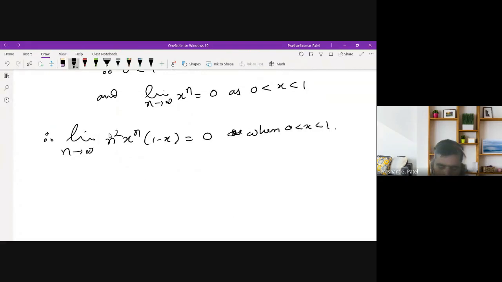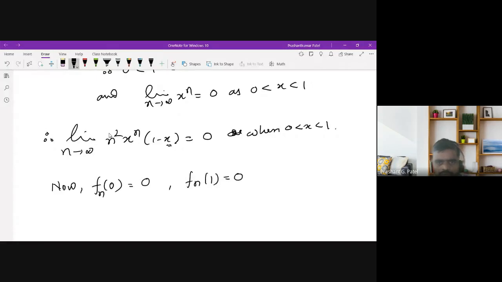Now what will happen at 0? What is fn at 0? The value of fn at x equal to 0, if you substitute, will be 0. And fn at 1 is also 0 because x equal to 1 gives you 0.